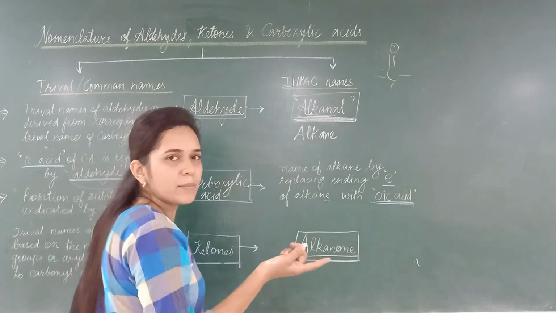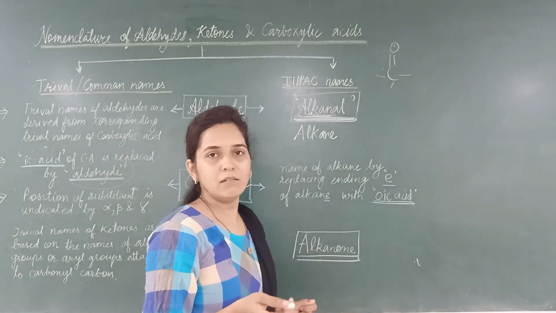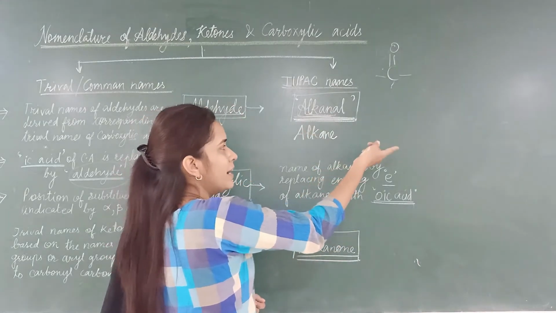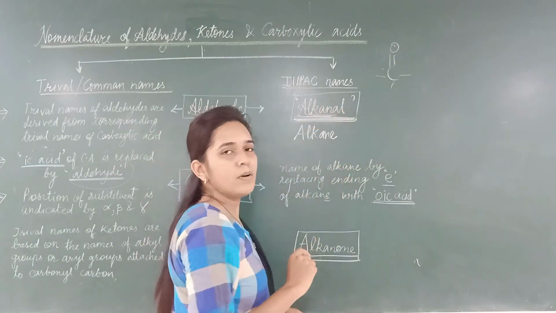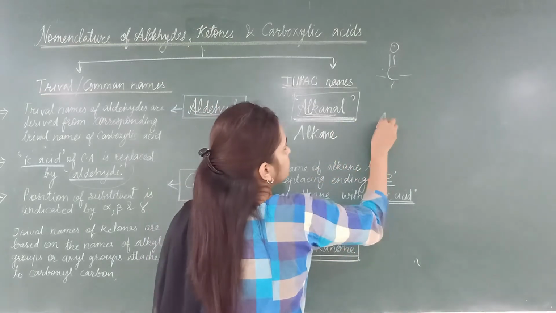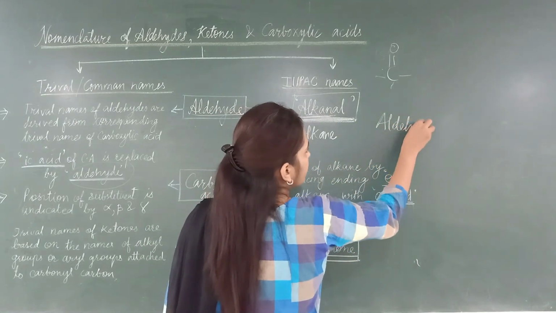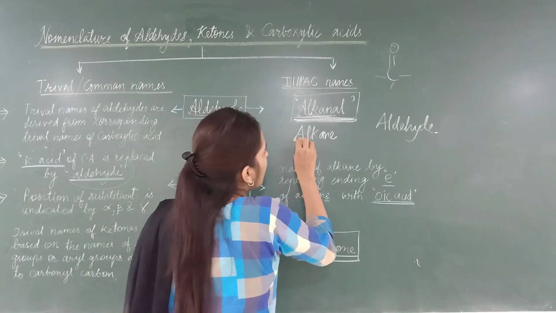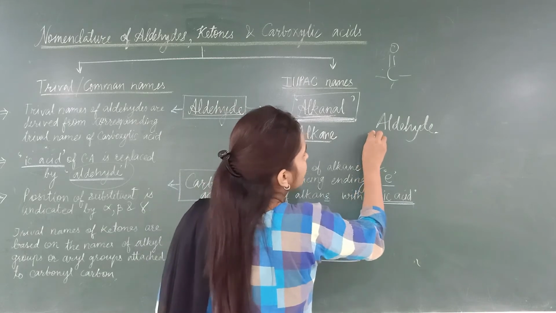If there are 2 carbons, then the alkane will be, first methane, second ethane. So if ethane has an aldehyde group attached, the name will be alkanal. How does it come? Alkane plus aldehyde.